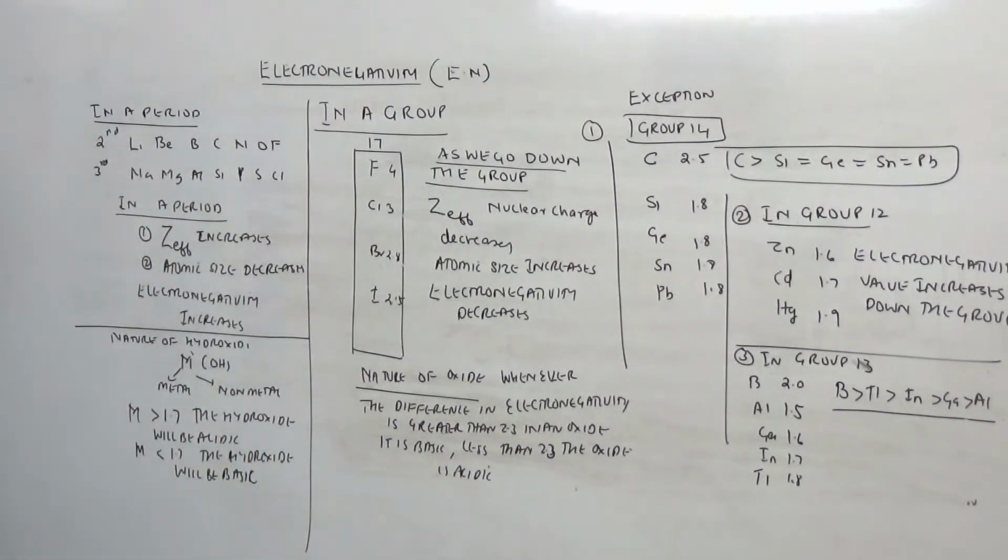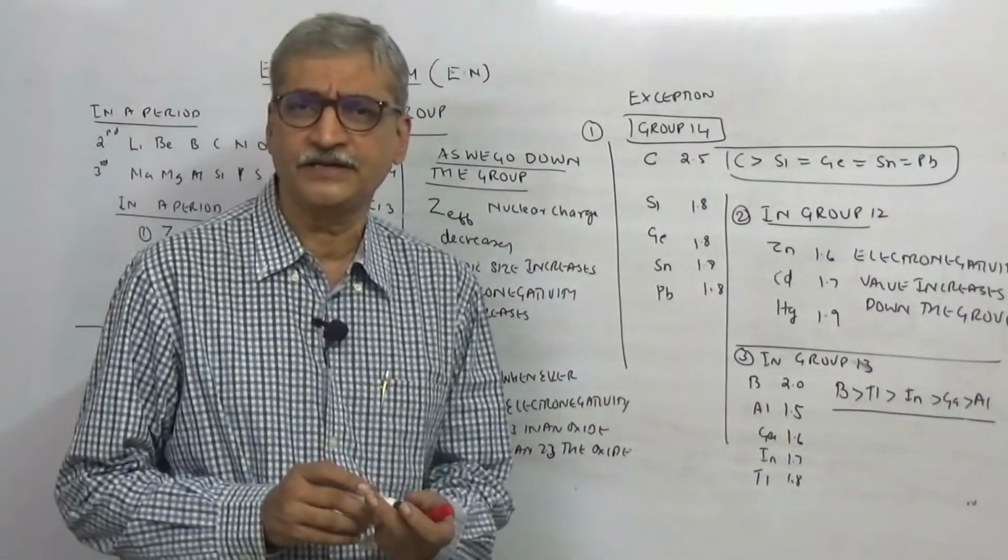So this is one more aspect that we can see from the point of view of electronegativity. That is all. With this we have completed periodicity of elements.